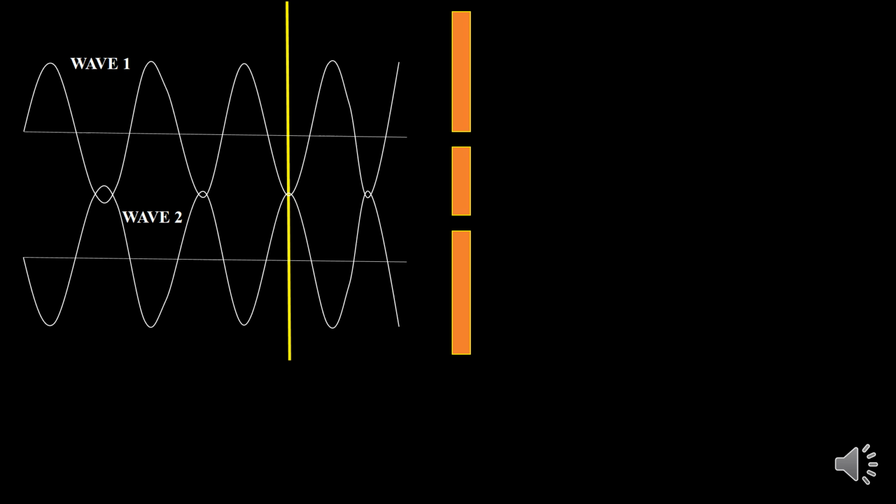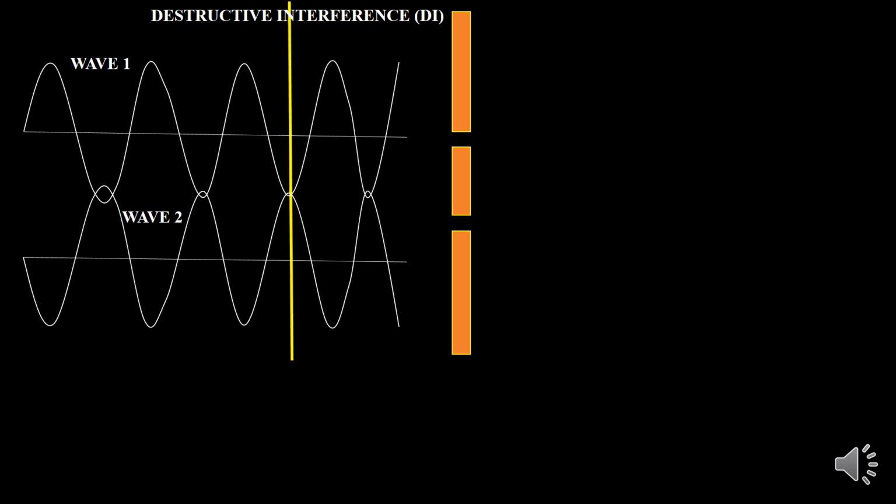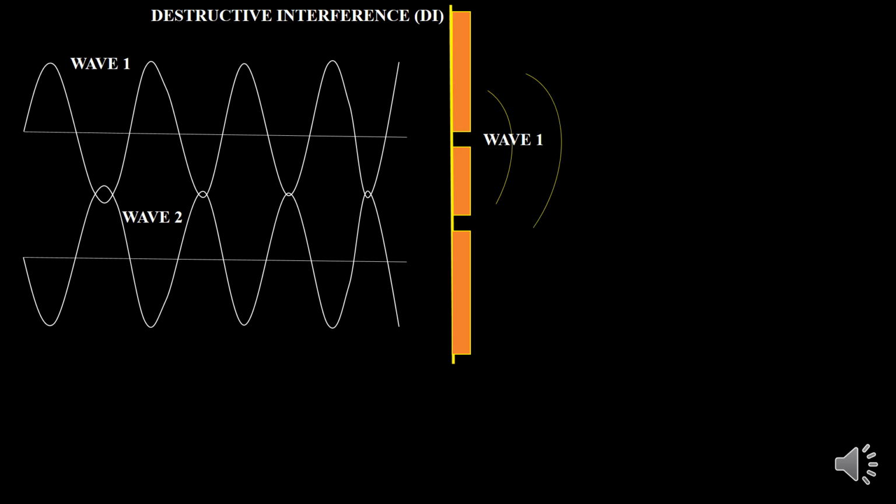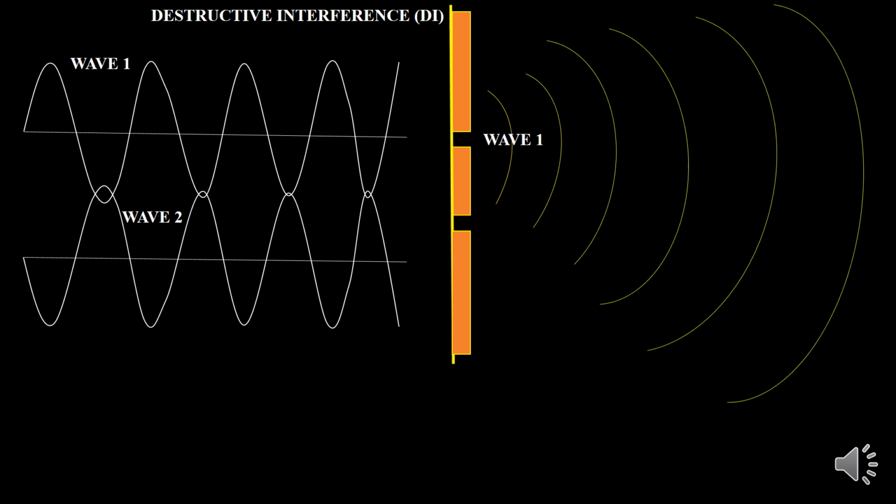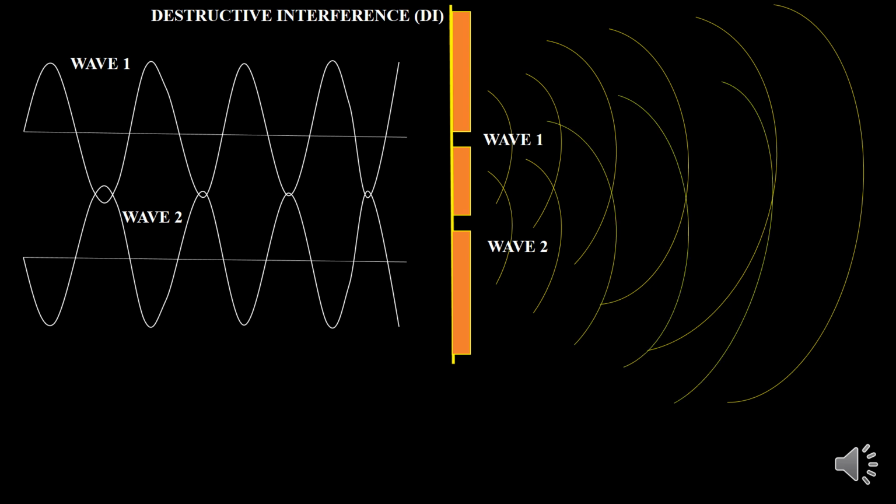Now what about the destructive interference? Light passing through the slits, they emerge. And what you see on the screen is a dark spot and a bright spot.